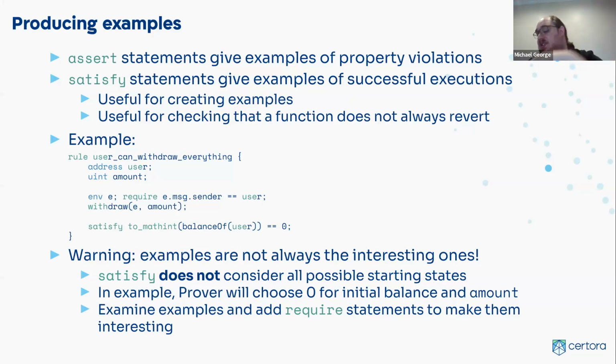In some cases, especially before we added ghost variable updates to CVL, you would basically use a require statement to update a ghost. And if you're doing that, then that require statement is acting kind of like a require cast, which isn't what you want.